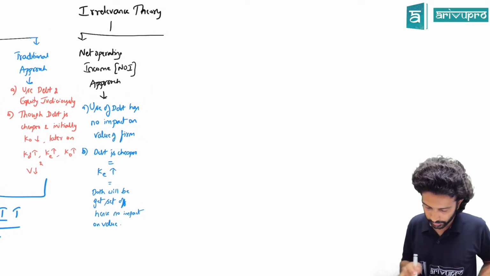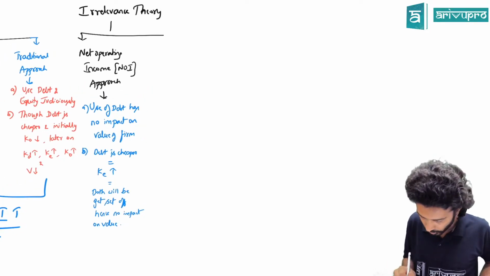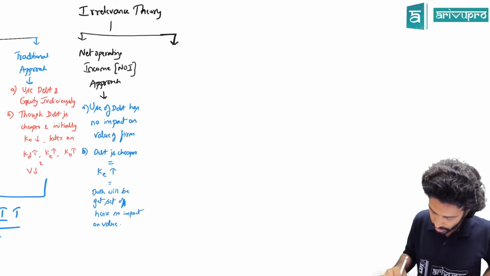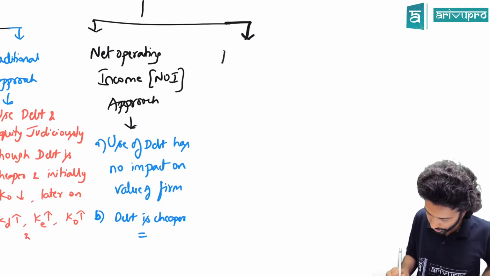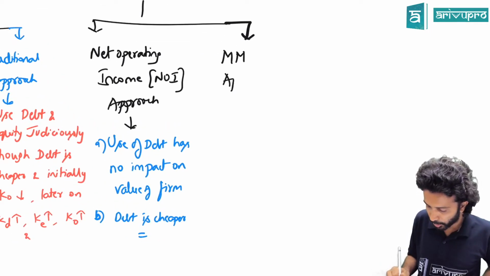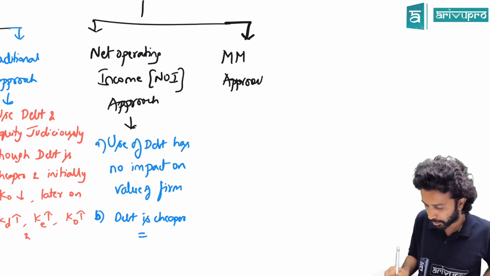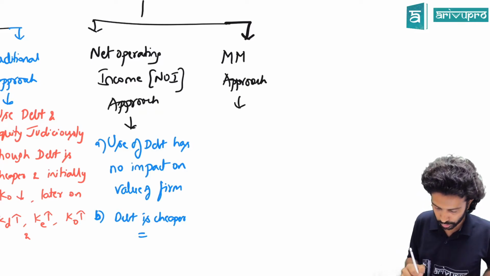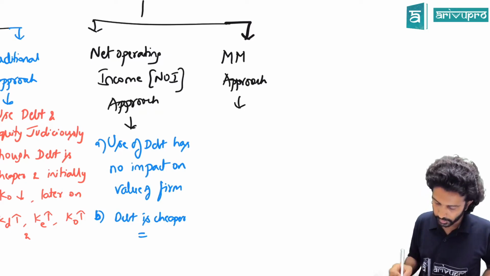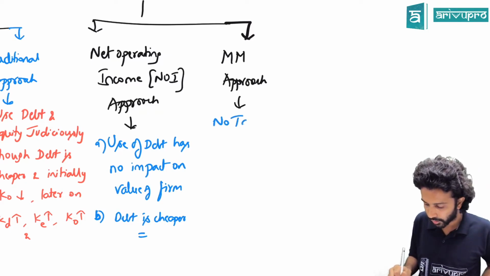Okay, after this we studied what theory? One more irrelevance theory was Modigliani-Miller, the MM approach. Under the MM approach, two things we can write. No tax means what?